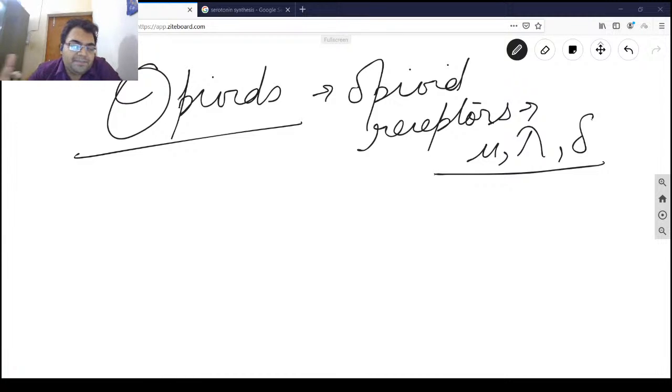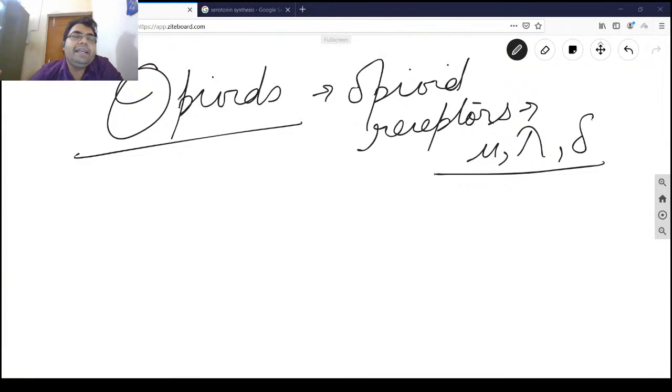Our own brain can produce special neuromodulators which belong to the opioid class. It can produce specialized neuromodulators which belong to the opioid class, okay.